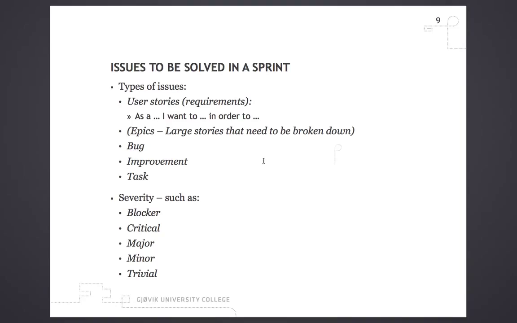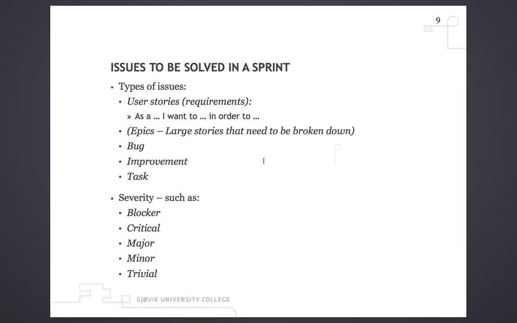Other types of issues are epics. These are larger stories of what is going to be solved. We need a user interface to administrate the students of the school, for example. That would mean an epic. A bug, you know what that is, I suppose. Improvement, and you have tasks.